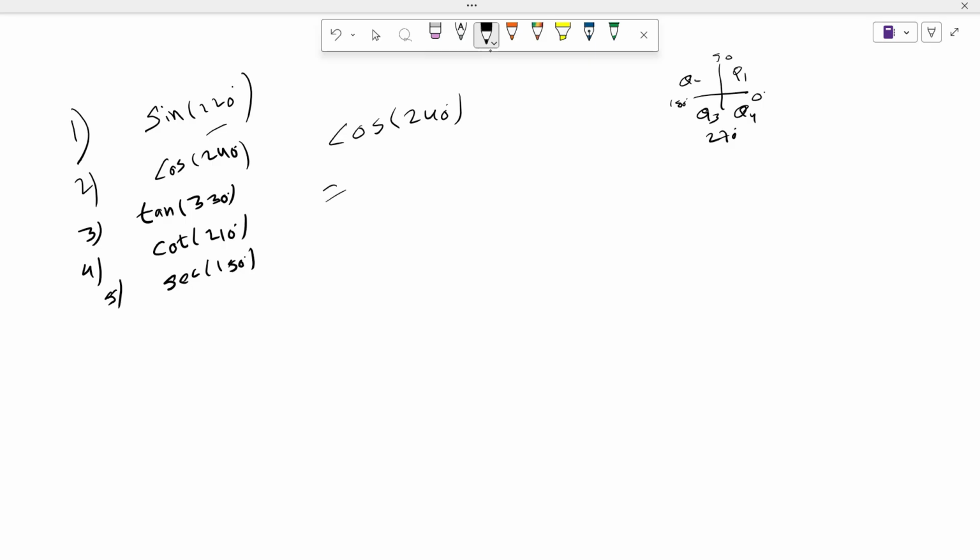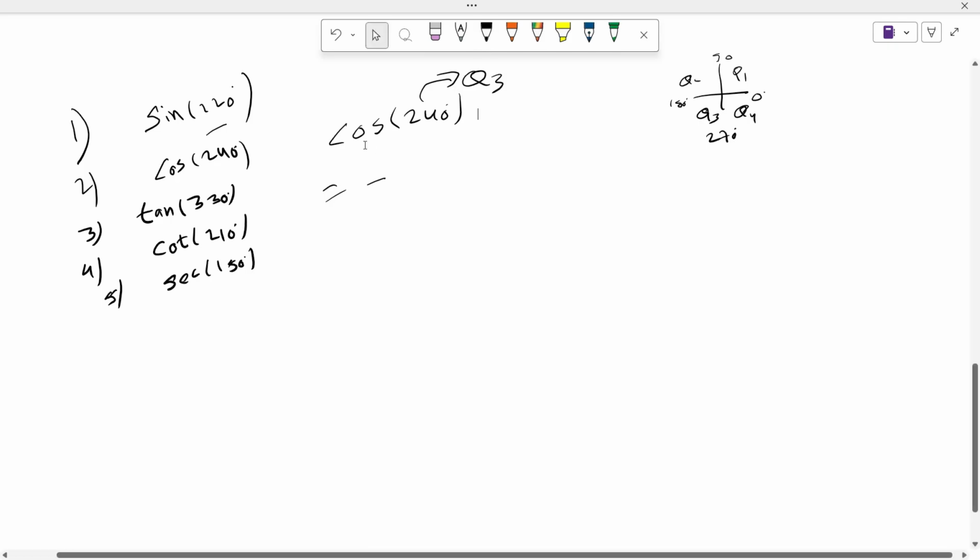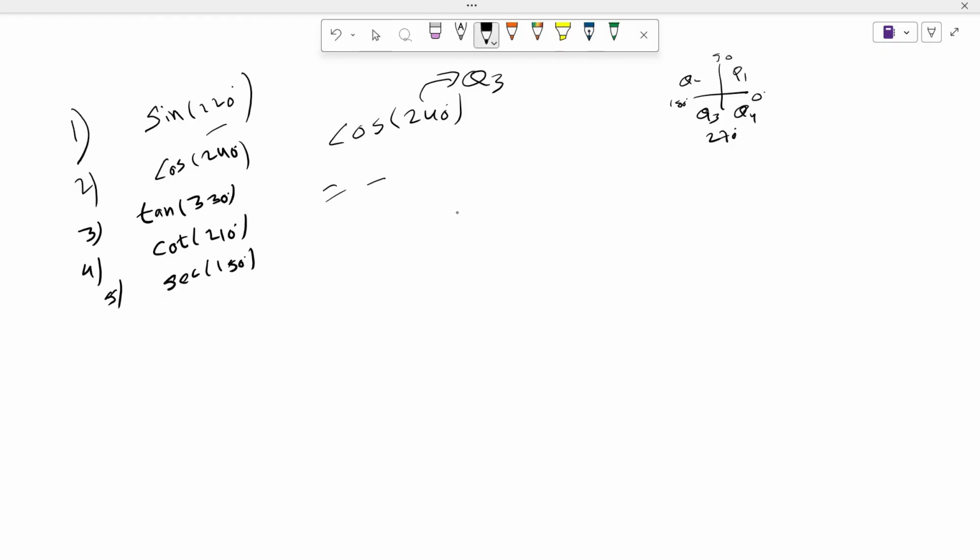First we have to decide whether the resultant answer is positive or negative. Since 240 degrees falls under quadrant 3, we take the negative symbol. The resultant answer is going to become minus here. So we will get minus of, and we will split the angle into two parts, cos of.